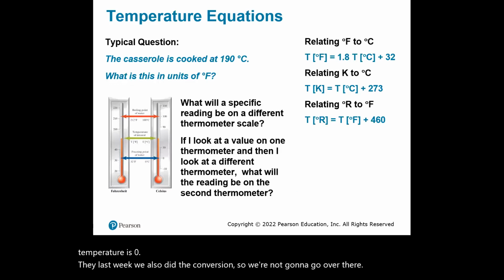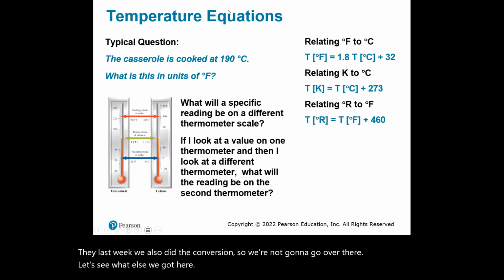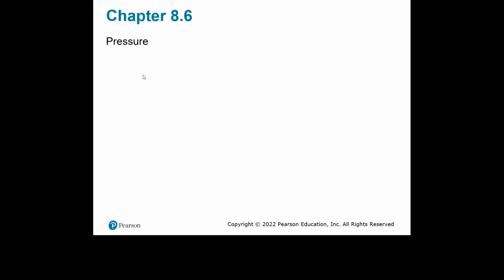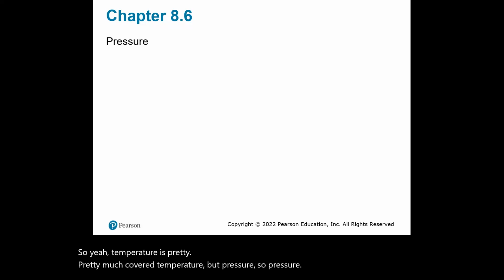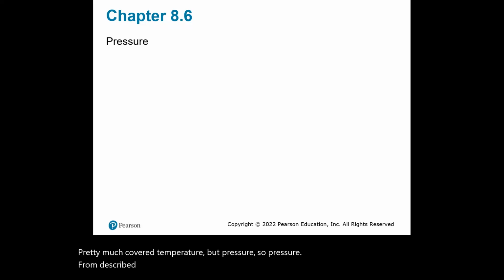Let's see what else we got here. So temperature is pretty much covered, but pressure. Pressure is described in Pascal's law. It is the amount of force being applied to a certain area.